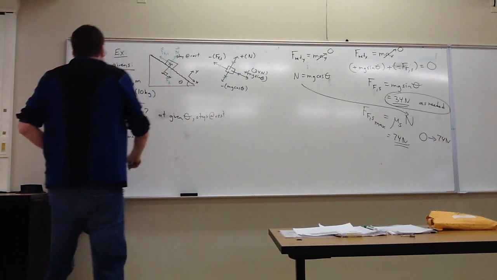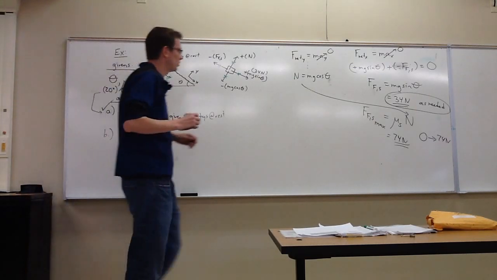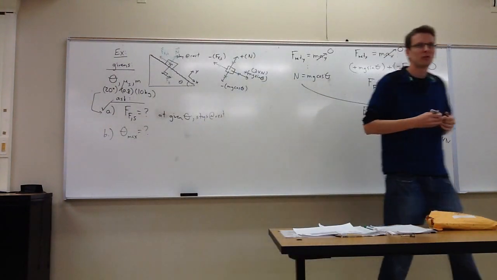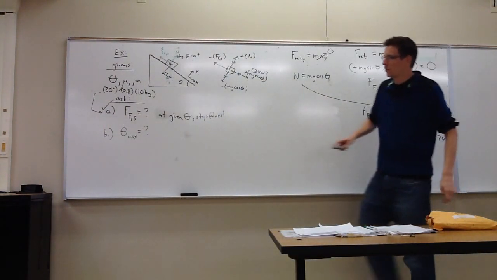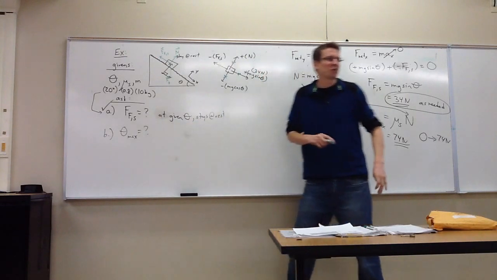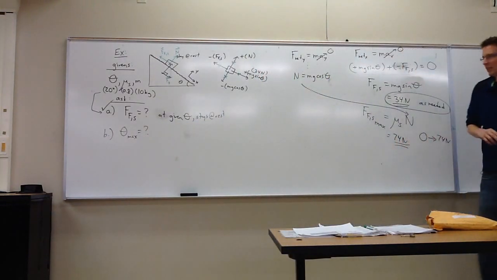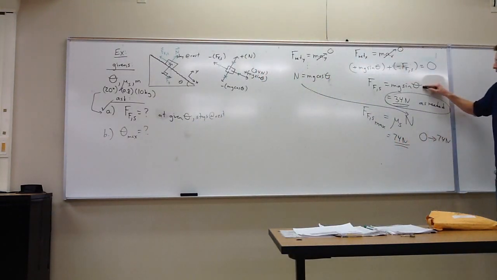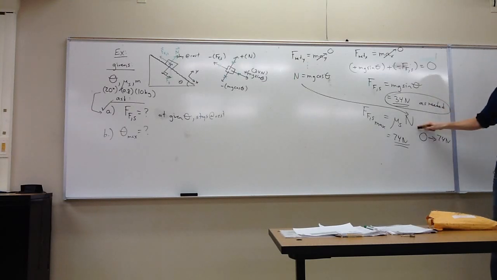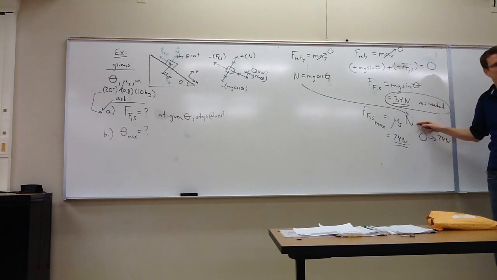So that's part A, and we'll use these equations right here to find the maximum angle. And of course, the way we're going to find the maximum angle is by saying that the actual amount of force you do have is going to be the maximum, right? So you tilt it up to an angle such that mg sine theta is going to ask for every last drop of what this can do, okay?